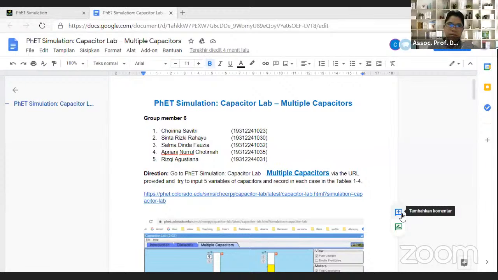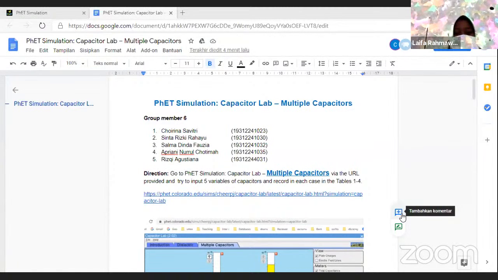I did not see any movement on the screen. Salma Dinda, no voice. Are you okay? Maybe you haven't unmuted your speaker. Salma Dinda Fauzia.